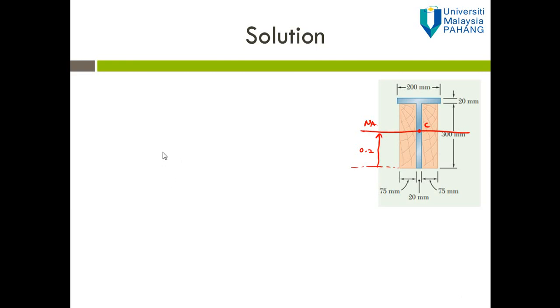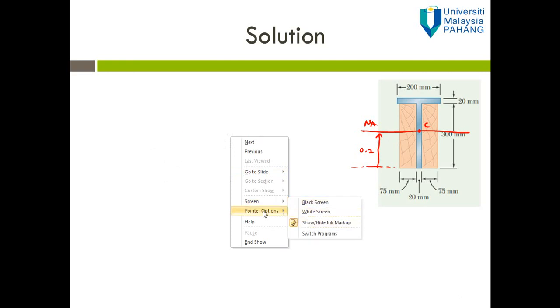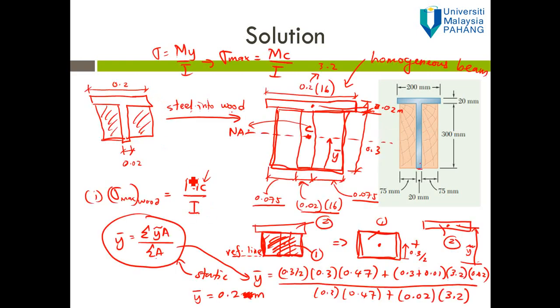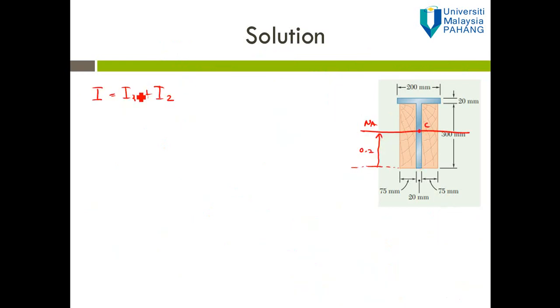Alright, so we continue. That's the location of the neutral axis. Now once we know the neutral axis, we can calculate the I. I is equal to I1 plus I2, where I1 is for shape 1 and I2 is for shape 2.